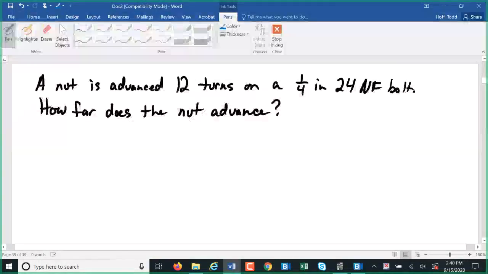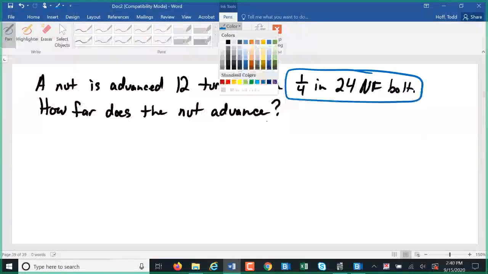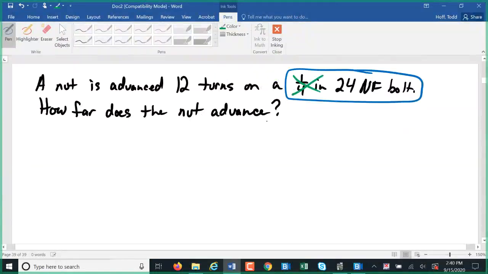So to understand this problem, the first thing we have to understand is, what does all this mean? 1/4 inch 24 NF. Well, first of all, the 1/4 inch is the diameter of the bolt, means nothing to this problem. The 24 NF, NF stands for National Fine. It's for threading on bolts and screws. 24 means it is 24 threads per inch.